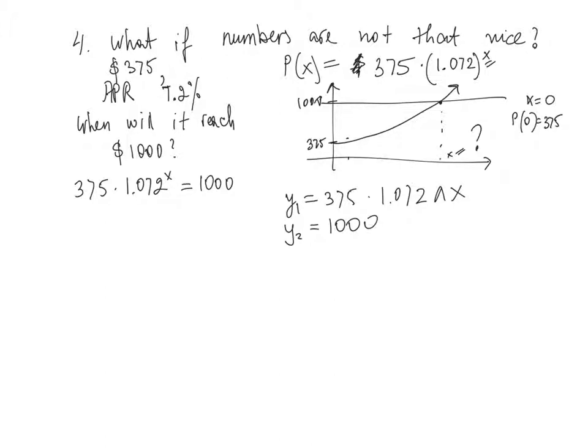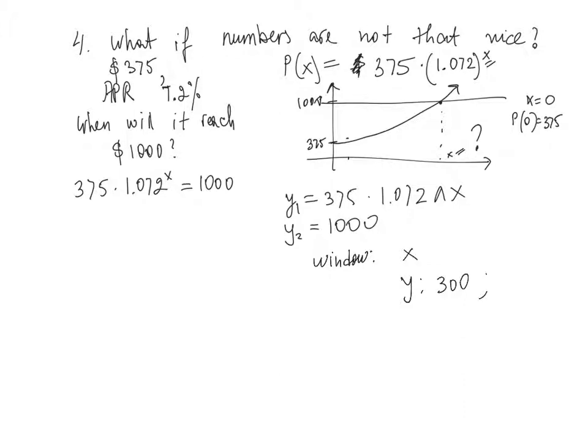So when you type your equations, y1 and y2, on the calculator, what zoom should you use to see what's happening? Because you visualize this diagram on paper, you know now how you can set up your window, more or less. So let's start with the y. So the minimum y, it could be a little less than 375, doesn't matter, maybe let's make it 300.